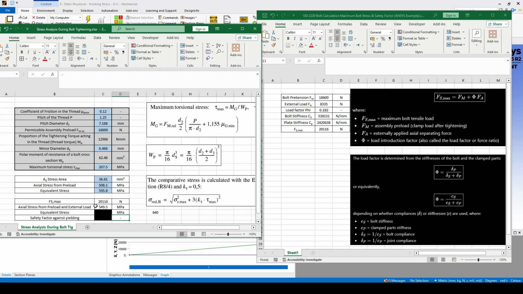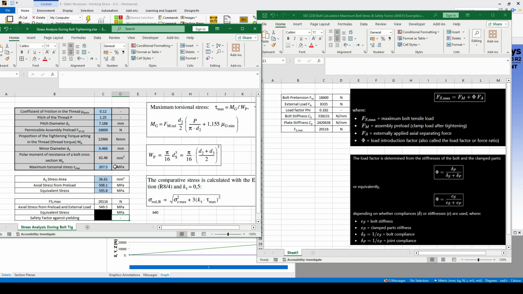But this is not everything. Here we still have to take into consideration the torsional stress due to tightening. So we use this formula to calculate the equivalent stress, taking into consideration the axial stress from preload and the external load combined, which is this value, with the torsional stress of 207 megapascal.